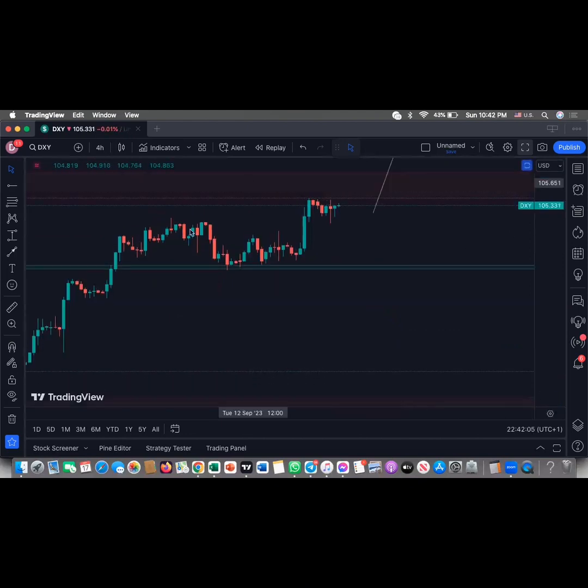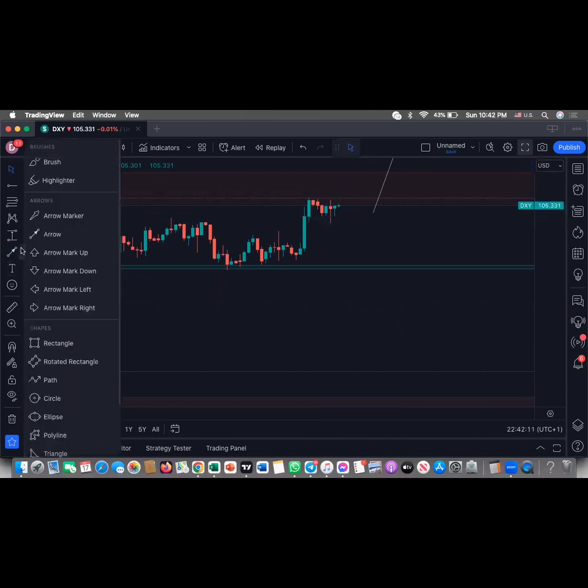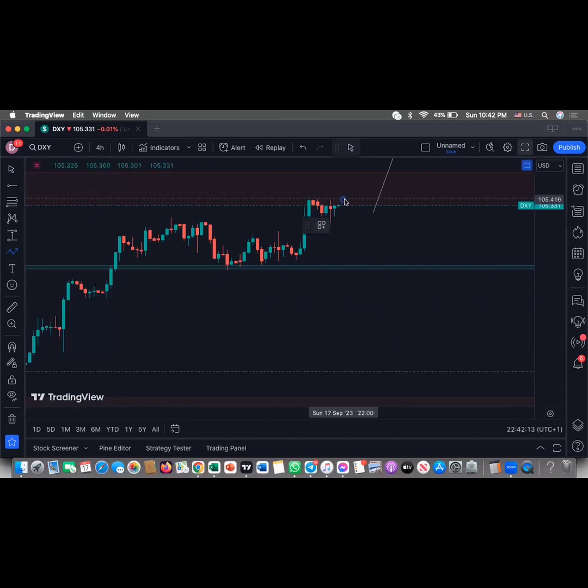Since DXY is at a resistance level, we might see price make a little range from this level before they push to the upside.